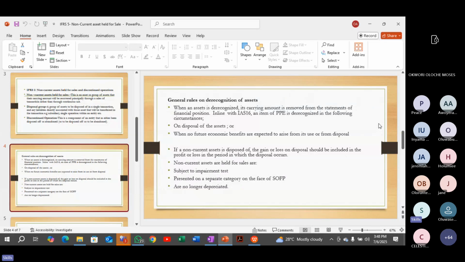An item of PPE is derecognized in the following circumstances: on disposal of the asset, that means you want to sell it off.